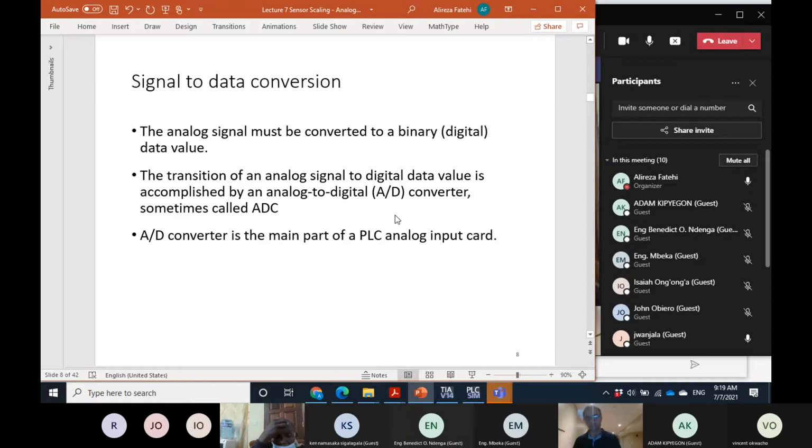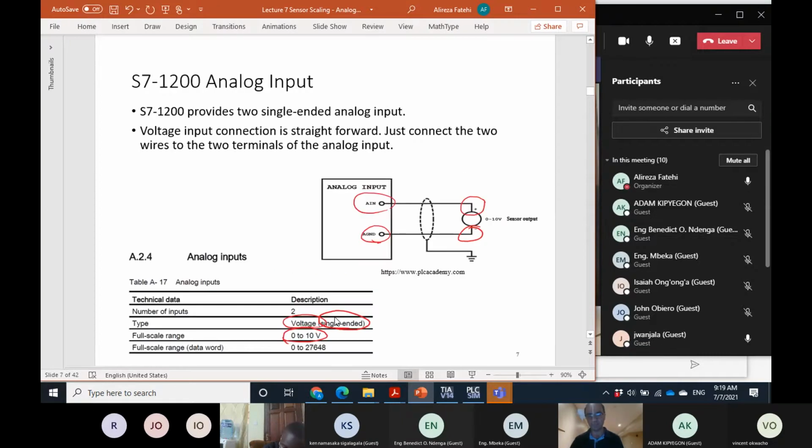So it reads the voltage, for example, 0 to 10 volts, and then, according to this voltage, it generates some binary signal. The binary signal in this PLC is between 0 and 27,648. This is the binary signal that is available in the program.